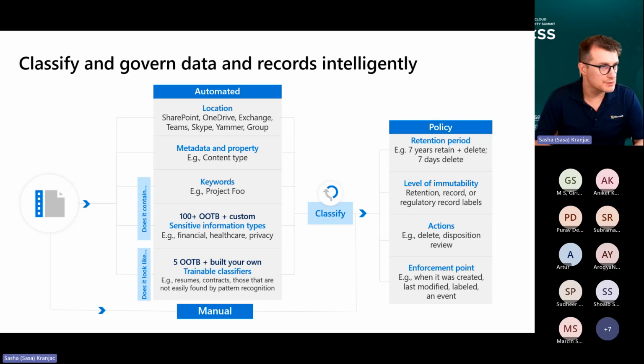Automated can be based, for example, on location: SharePoint, OneDrive, Exchange, and so on. We extract the data and see the different content types from the files, and metadata and properties of the file can be taken into account, so we can take advantage of keywords as well, whether it's, I don't know, project 2 or project A, B, C, or X, Y, Z. Then we have out of the box hundreds, over 200, sensitive information types.